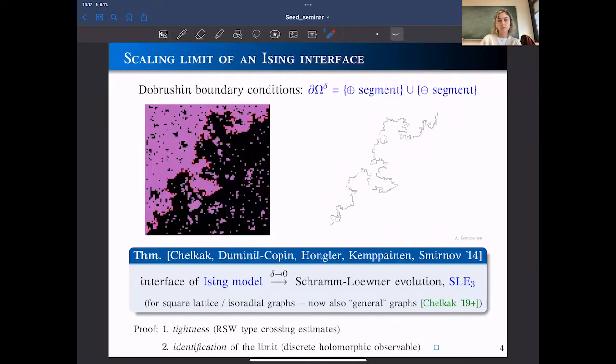This is part of the Fields medal work of Smirnov, but it was actually completed later with many other people. You can show a statement of this sort. If you take the Ising model and look at this random interface from corner to corner, and you take a limit, you get a known object, a conformally invariant random curve in the plane that we call SLE.